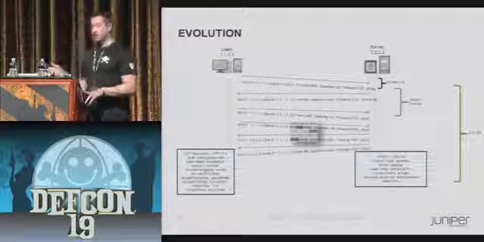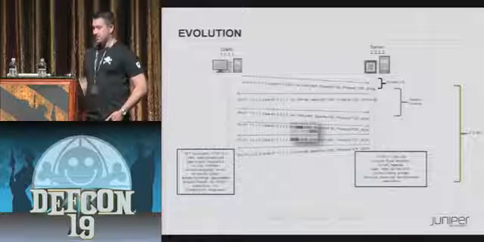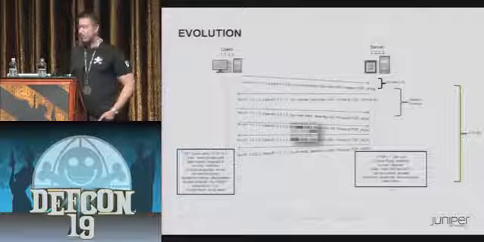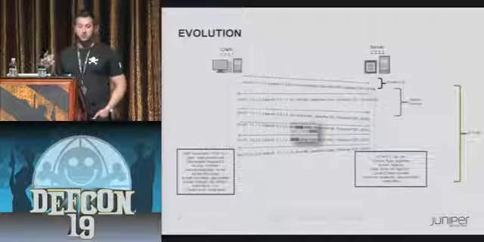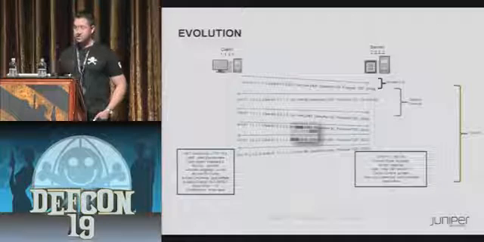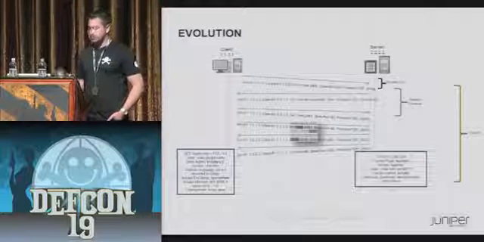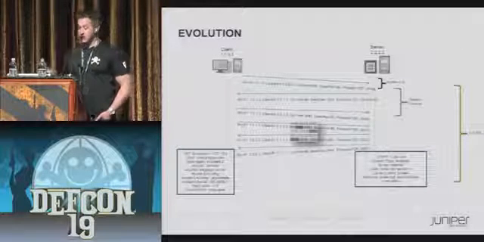Then we got full IPS, or well, originally it was IDS, but we got full IPS, and basically that took a lot of the limitations of stateful firewalling into account. Part of the issue with stateful firewalling is that while it did do a good job of restricting actual traffic, it didn't do anything to block exploits, or look deeper into the flows and determine what the actual application behavior was.